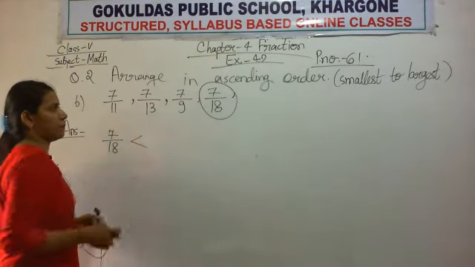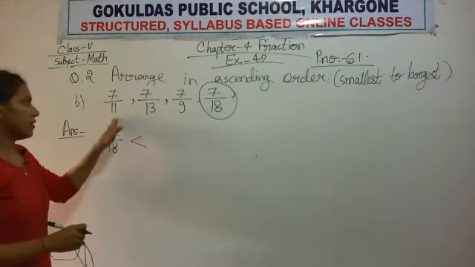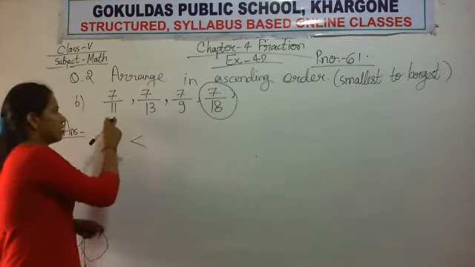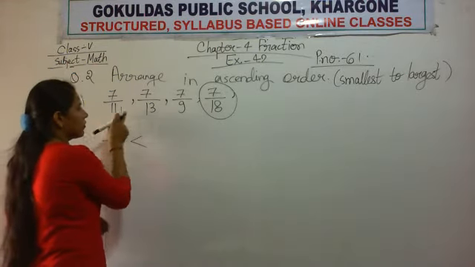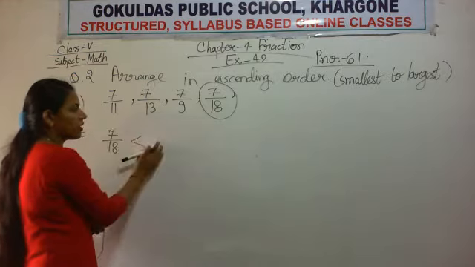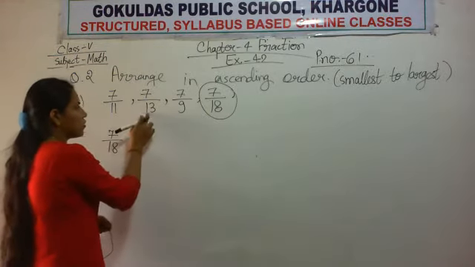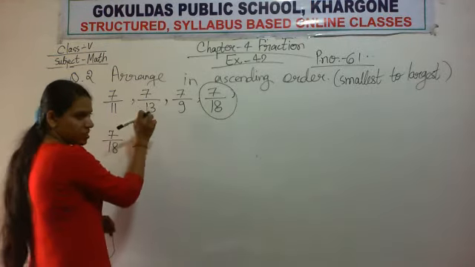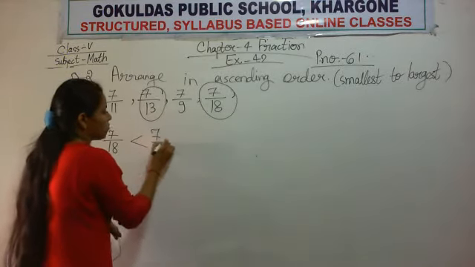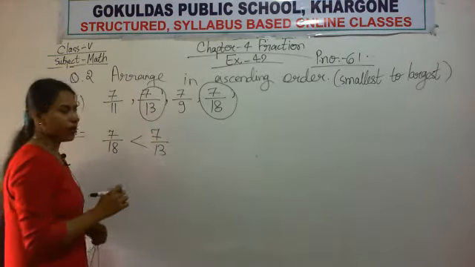Now compare them. All these 3 are unlike fractions. Now as they are unlike, we will compare their denominators. The largest denominator will be the smaller one. So here the largest denominator is 13. So 7 upon 13 will be the smallest fraction. Okay.